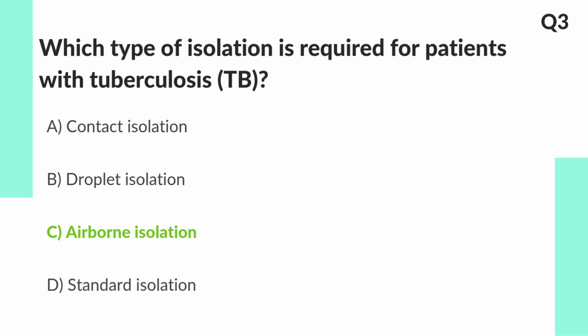At the same time, let's use this opportunity to learn about the other types of isolation and also which diseases require isolating particular patients. In contact isolation, as the name indicates, we make sure that contact is not made. During contact isolation, the staff members wear gloves and aprons when they come in contact with you.